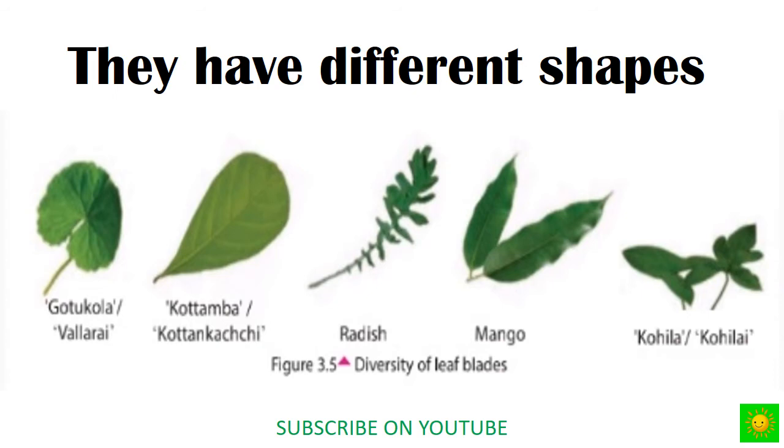I have given you the examples: goda kola, kotamba, radish, mango, kohila. There is a big diversity of leaf blades. You would observe that there is a wide variation in leaf structure that is due to their adaptation for the main functions as well as various other functions.